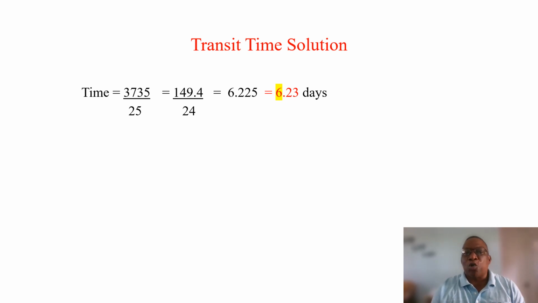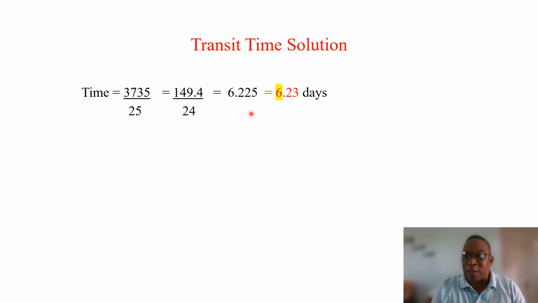And since we want to know how many days that will be, we are going to divide by 24 to determine the number of days, and that gives us 6.225 days.